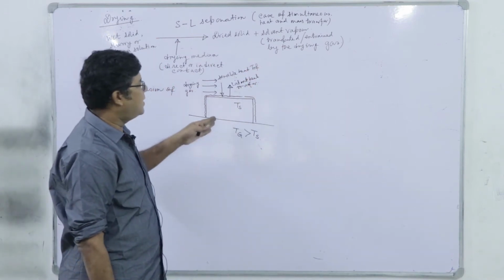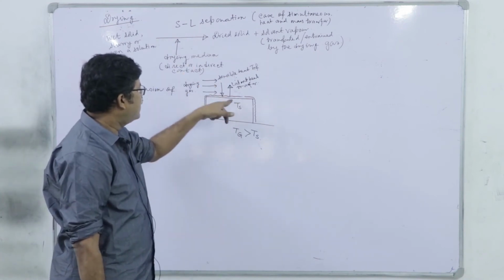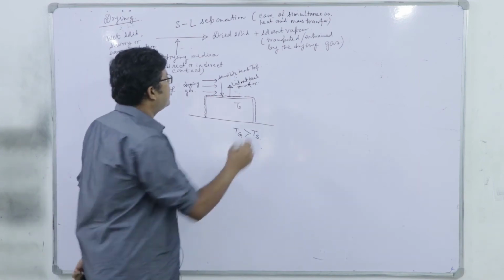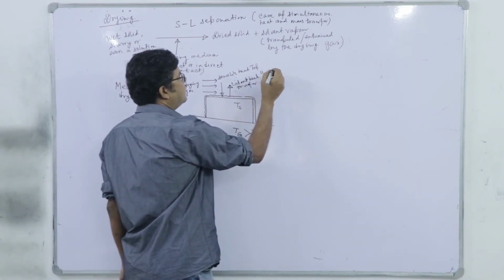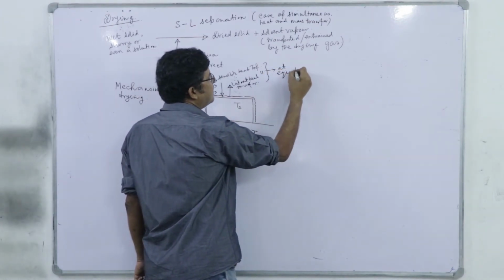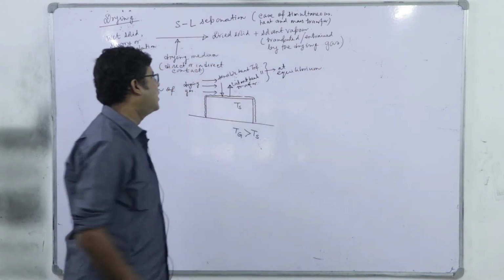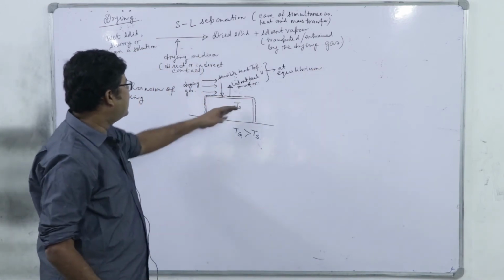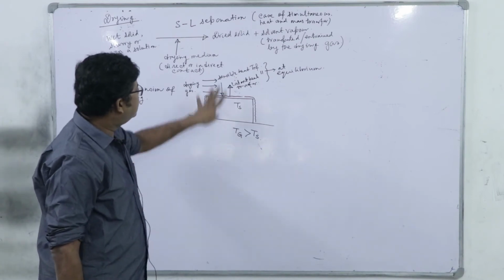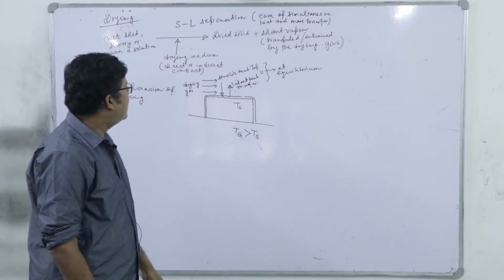So there will be sensible heat transfer in the opposite direction and latent heat transfer in this direction from the solid to the drying medium, and as a consequence an equilibrium, and these two rates will be equal at equilibrium. Right, where there is no further change of the moisture content of the solid, neither is there any change of the temperature. So you see, that's the primary way of this drying.